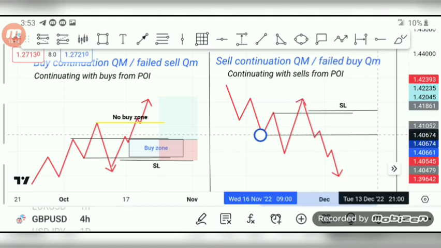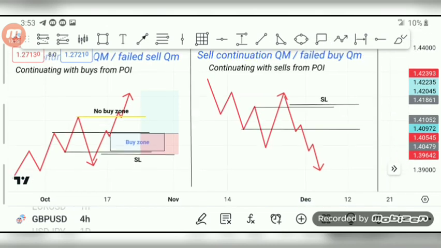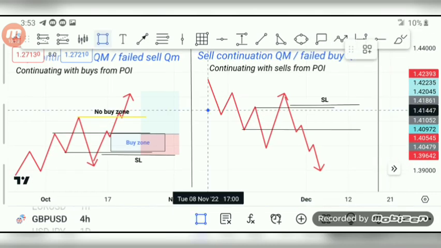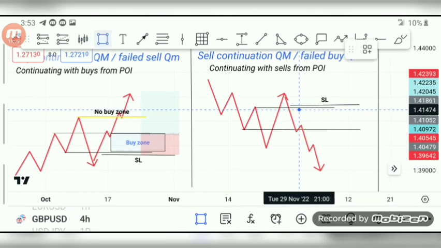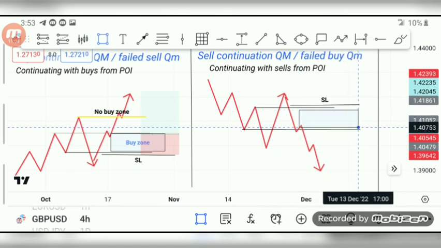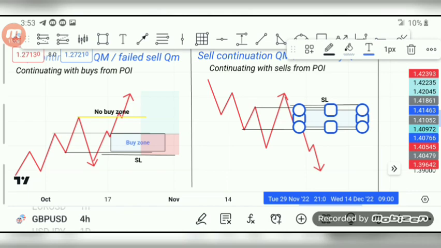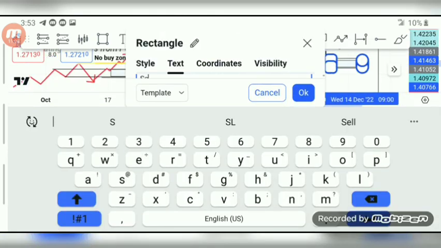Looking to sell lower from this entire zone, that entire sell zone.